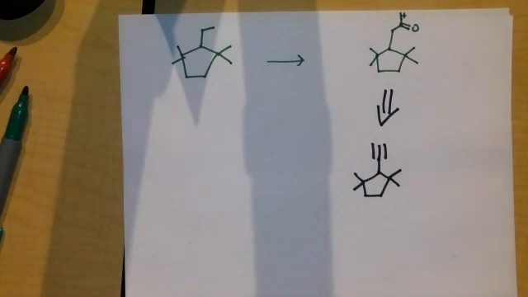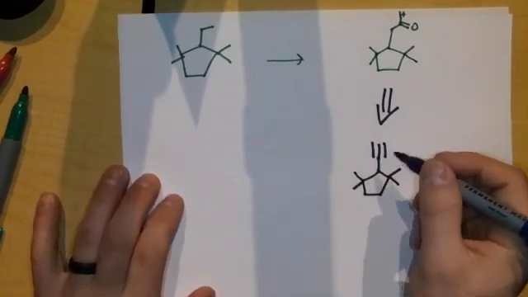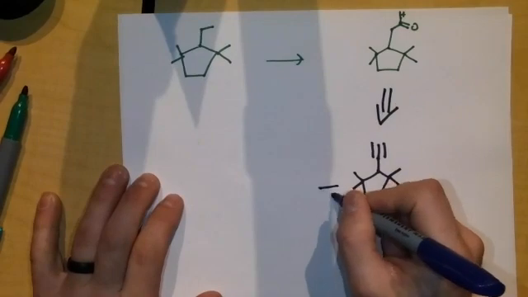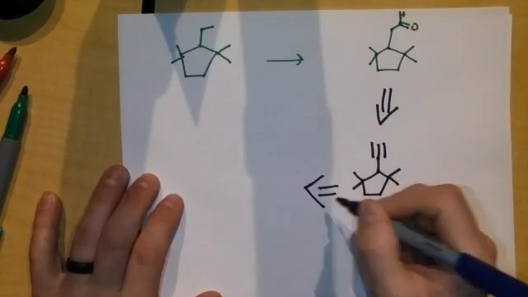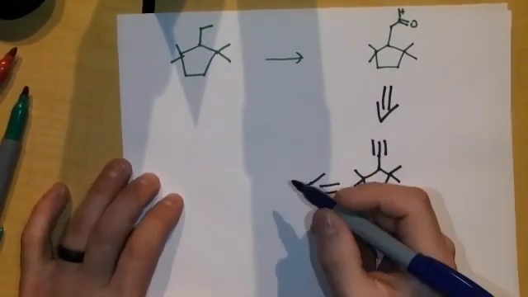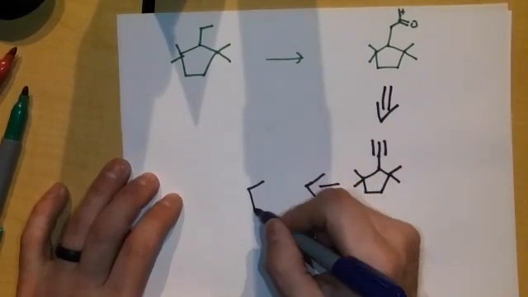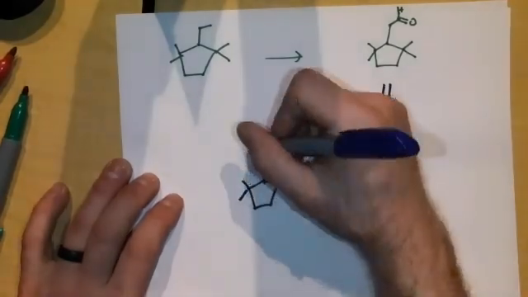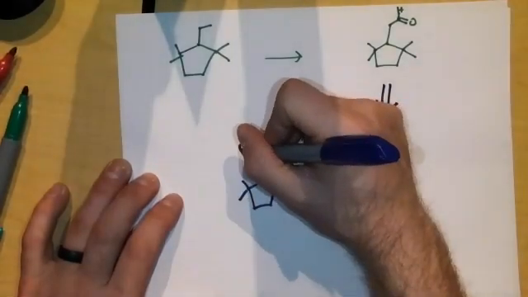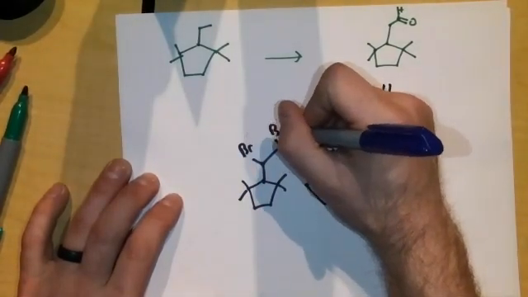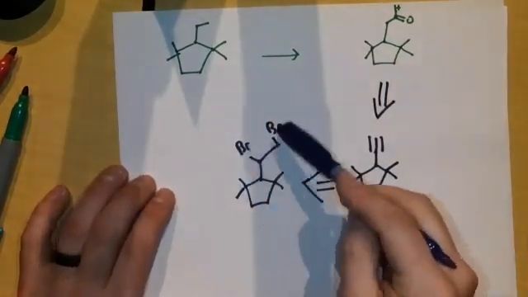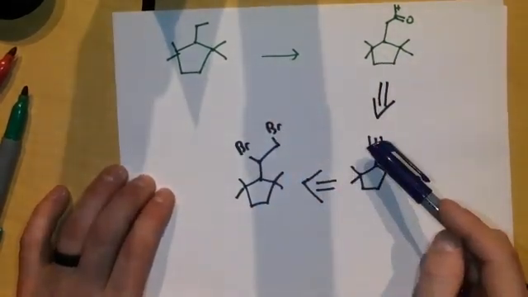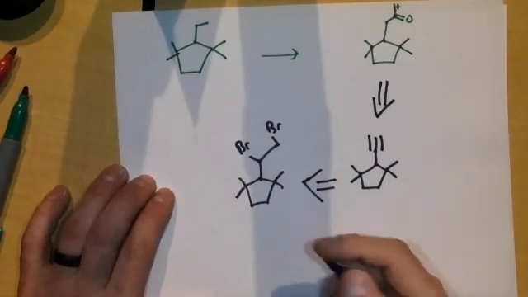To do this, there's really two different options you could have, and you're going to see why you're only really going to get one. You probably want, I'm going to put Brs on there, could be chlorine, something like that, something where you can double eliminate to make an alkyne.